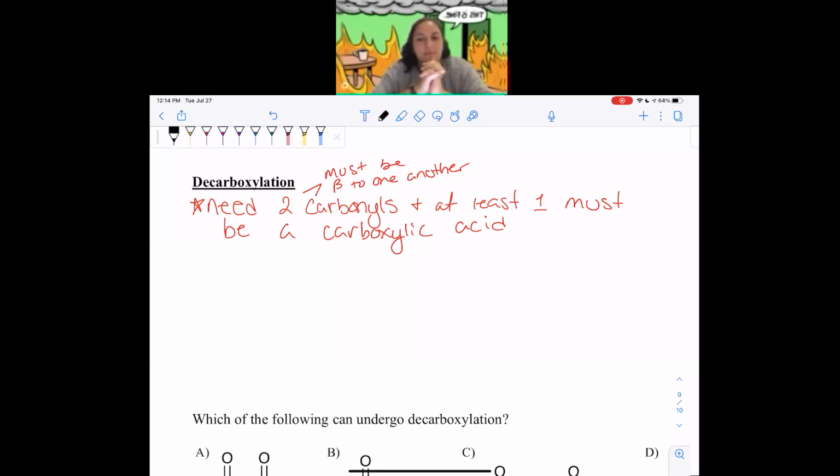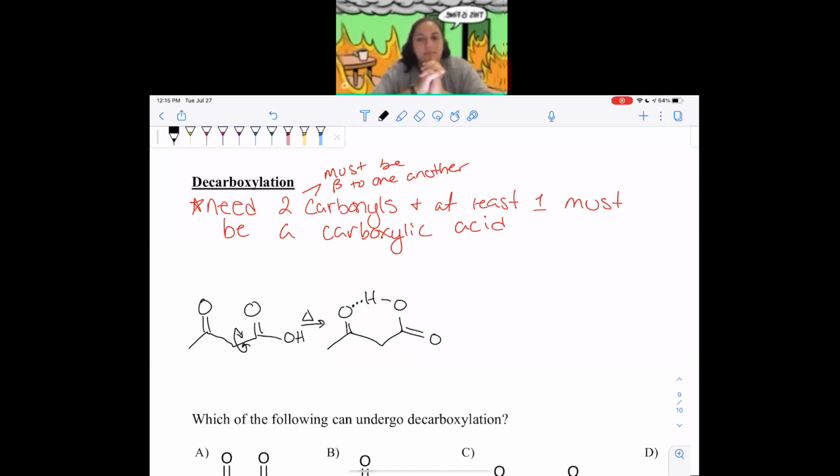And so a decarboxylation reaction is basically what we just talked about. So let's say we have a ketone and we have a carboxylic acid. First step is we rotate this bond and we get OH. The next step is hydrogen bonding. We steal that hydrogen, break this bond, break this bond.